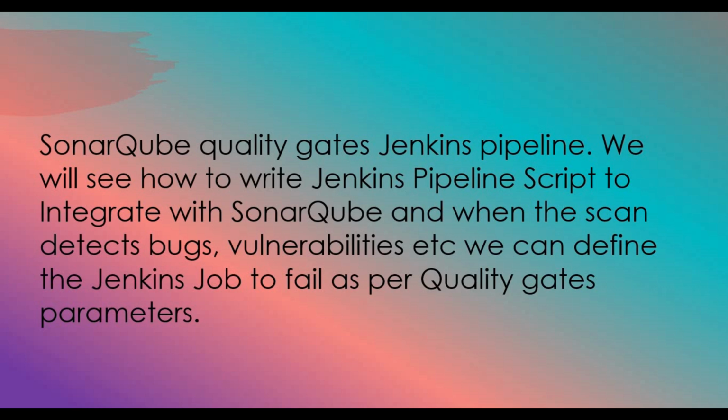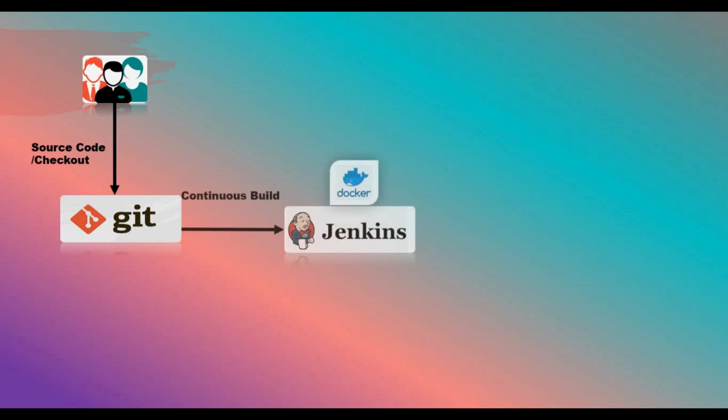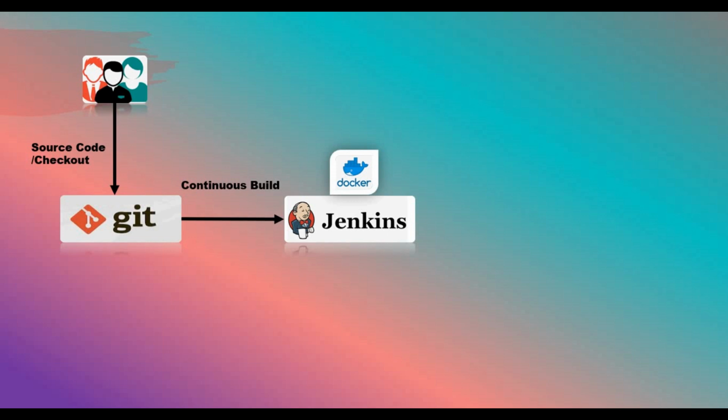Again, this is how the structure will look. We'll have Git, where we have the source code which will be checked out or saved by the users. And we have Jenkins, which is running on Docker for running the continuous build.